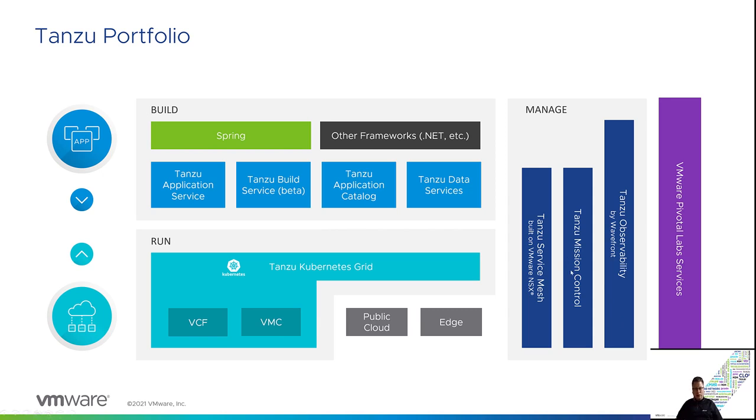And from a high level view, you can divide the Tanzu portfolio into three main areas. One of the main areas is the run part. And to express it simplified, within the run part, there is everything that is needed to execute the code at the end of the day.